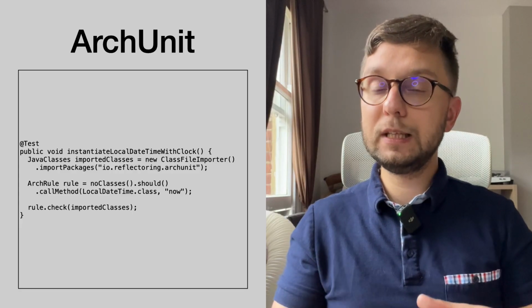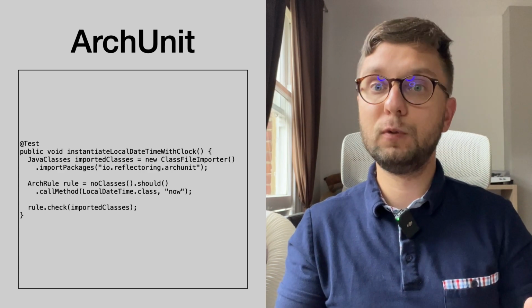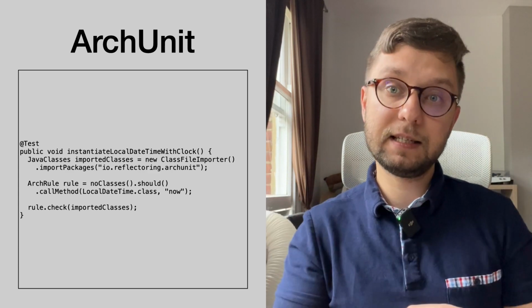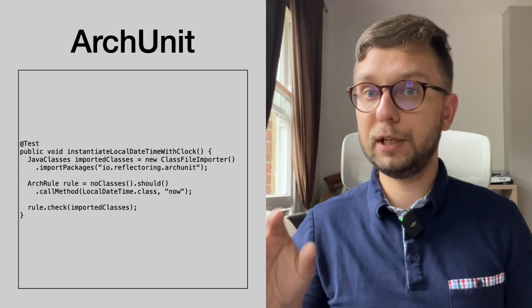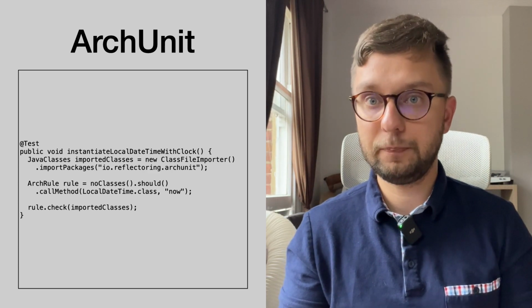Architecture evolves over time and it is not always possible to document every single decision on Wiki or Confluence, but you can do it in code by adding checks. For example, you want to enforce creation of LocalDateTime only with the clock parameter. You can write a test for it and add a meaningful name for the test, which will explain the reasoning behind this decision.